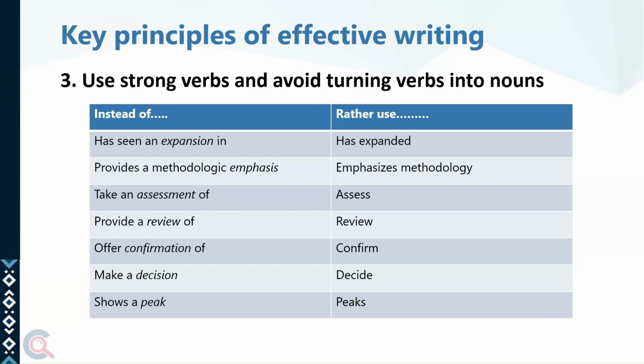If you say provides a methodological emphasis, emphasis becomes a noun. But if you say emphasizes methodology, it makes it simple. Take an assessment of: if you just say assess, it is easy and clearer. Provide a review, rather use review. Offer confirmation of, you could rather say confirm. Make a decision, decision is a noun.